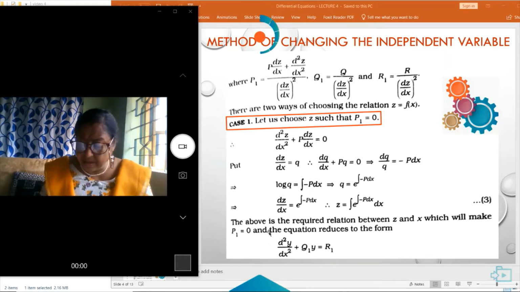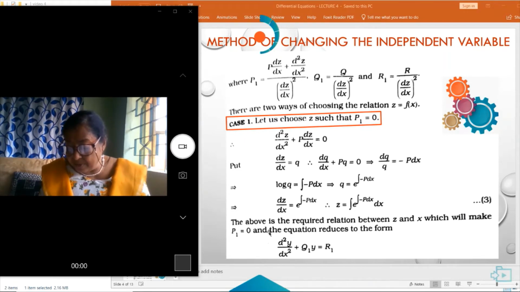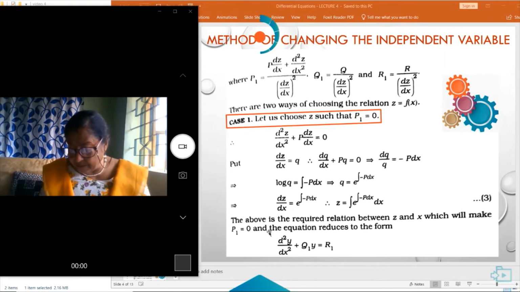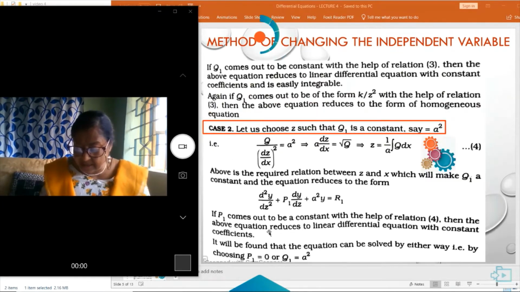Now, after putting p1 is equal to 0, the equation reduces to d2y by dz square plus q1 y is equal to r1. Now the second case: here q times dz by dx square is taken as a square.